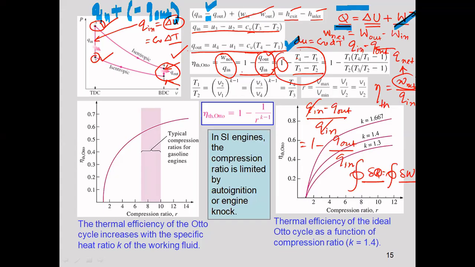You have to appreciate all the steps, why we are doing it like that. That is the aim for doing this conversion from energy terms, that is Q out, Q in, W net, etc. These are all energy terms, and now we are converting them in terms of temperatures, because temperatures are properties which can be measured easily, and therefore you can calculate the efficiency in terms of easily measurable properties. Okay.